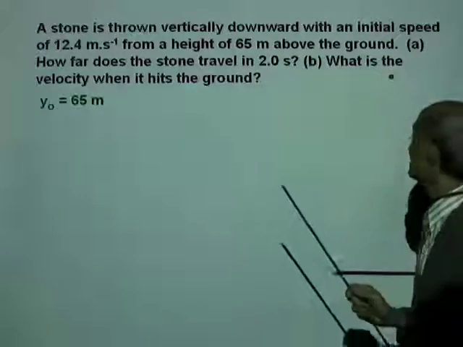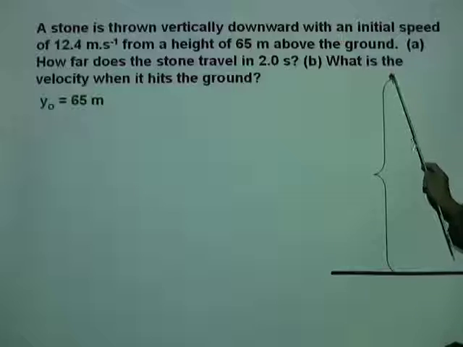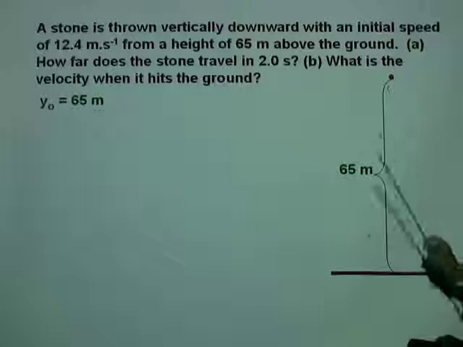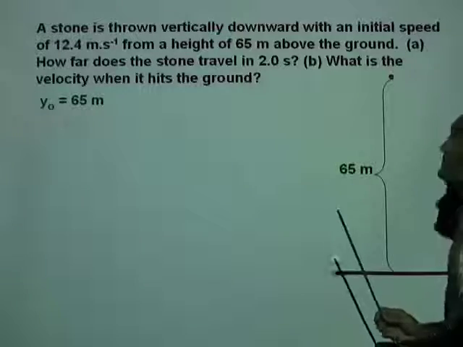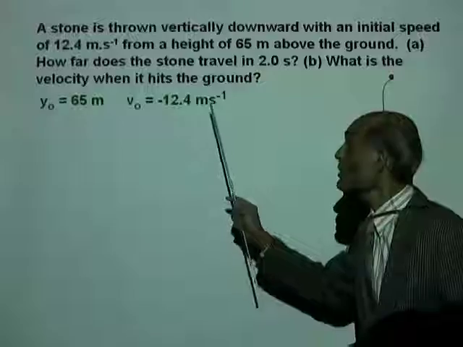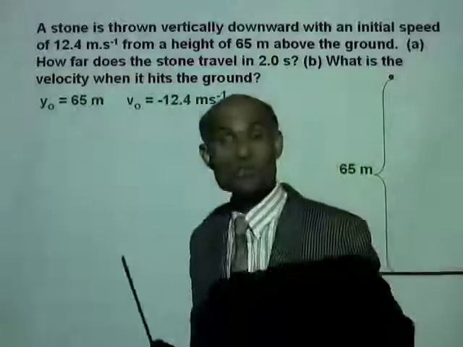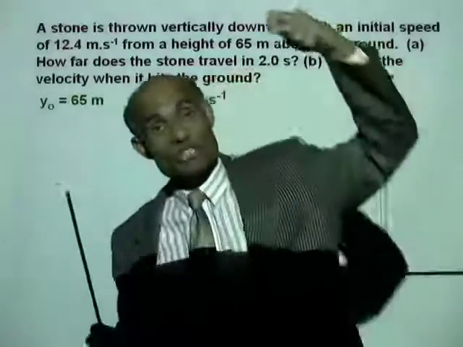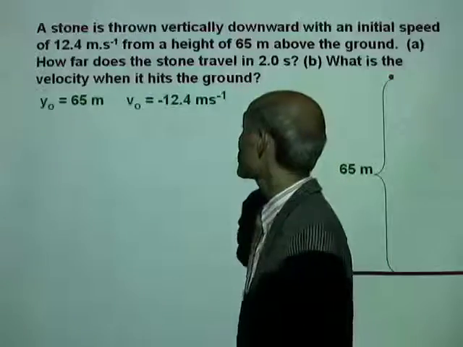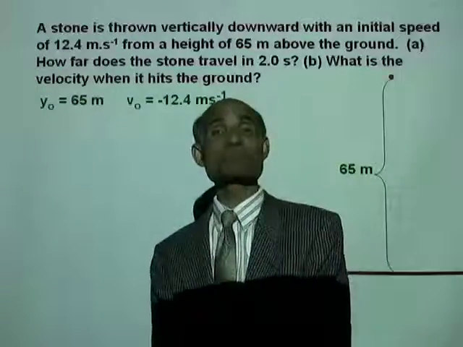Y0 is 65 meters. This is where it is going to be thrown from, at a height of 65 meters. And for the initial velocity, now look at the negative sign. Why did I use the negative sign? Because it is downward. So V0 is negative 12.4 meters per second.